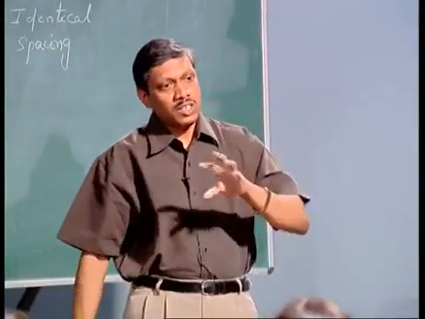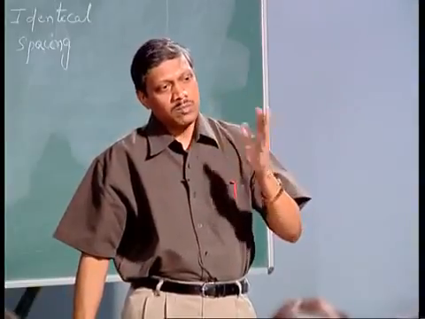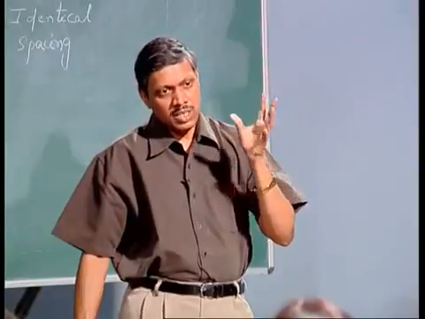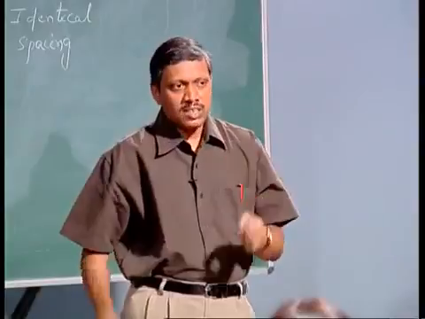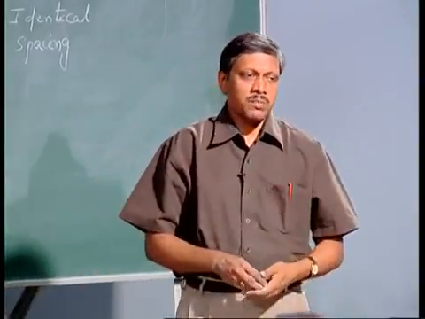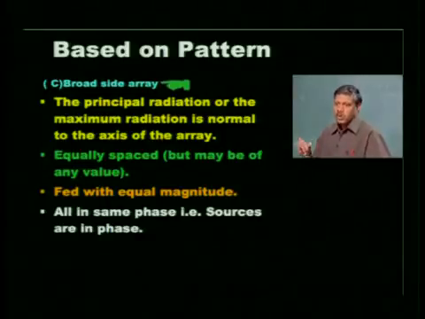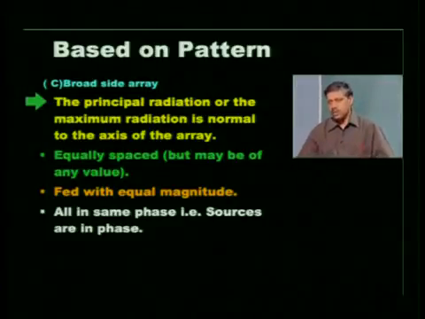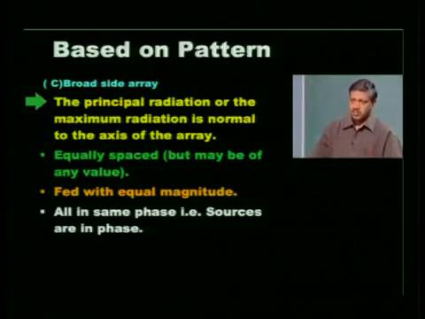Now we are looking at it based on the space parameter, which means our prime attention will be on the pattern, and based on the pattern, how do we classify the antenna array? In that group, the first is the broadside antenna array. Here the principal radiation, that is the maximum radiation, is perpendicular to the array axis.